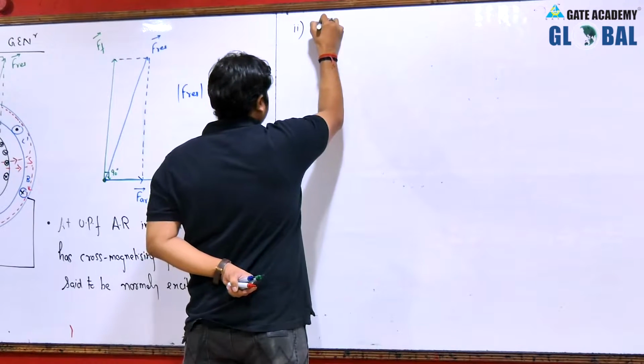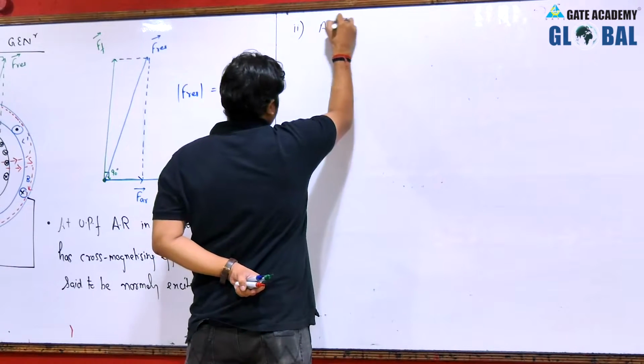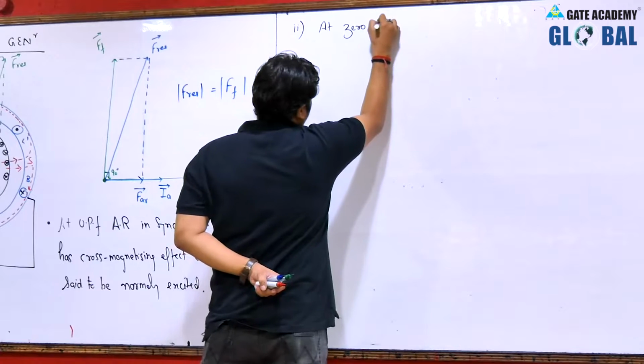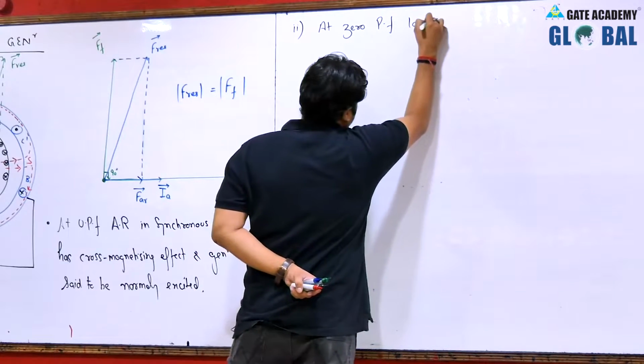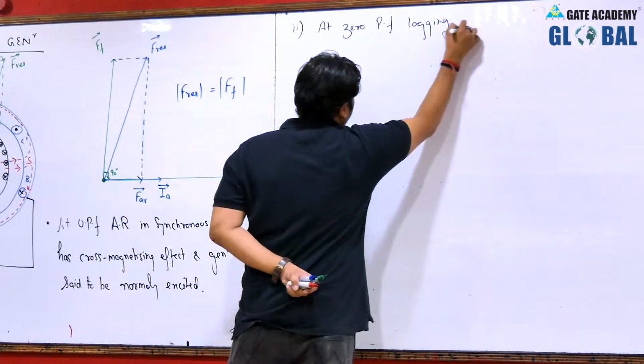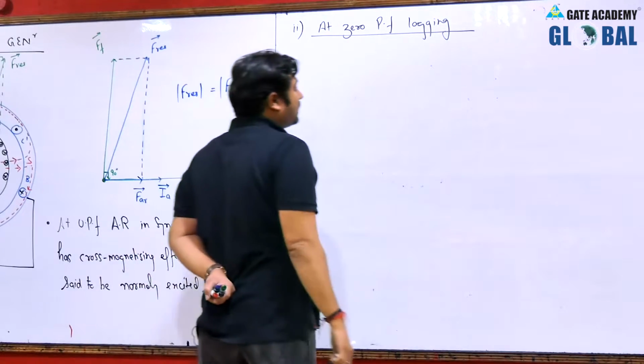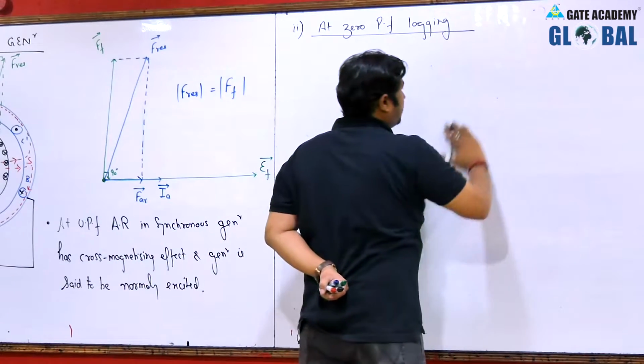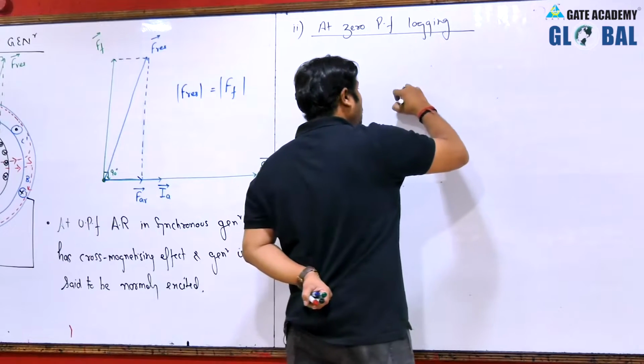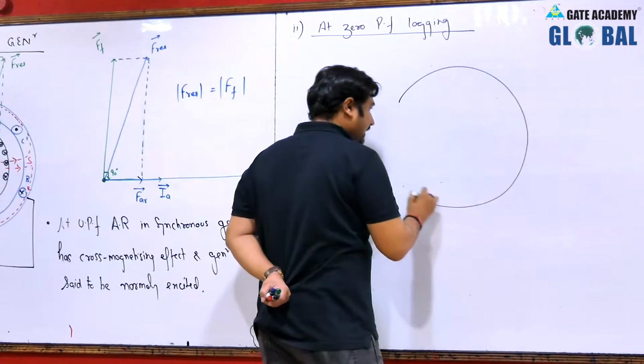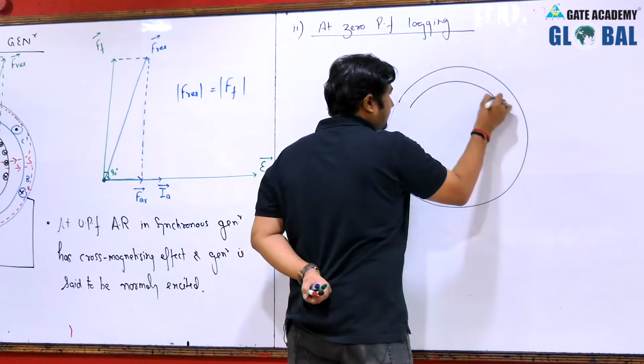At 0 power factor lagging, it means a pure inductive load is connected across the terminals of the generator. Now please observe what happens when the 0 power factor load is connected across the armature.